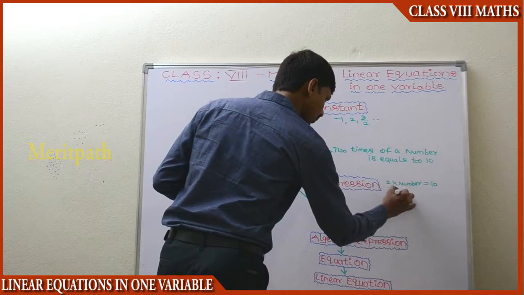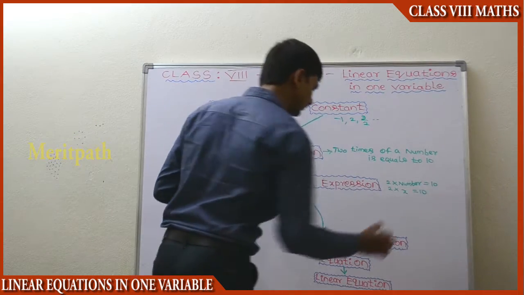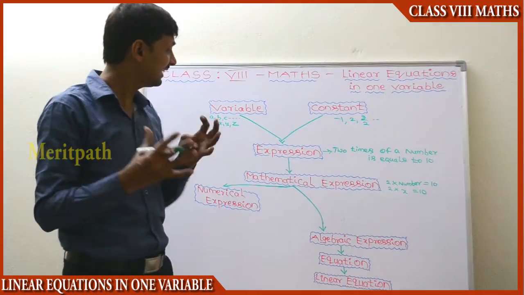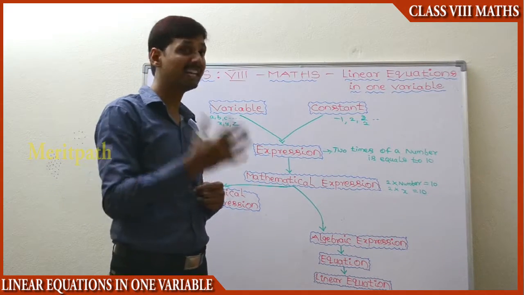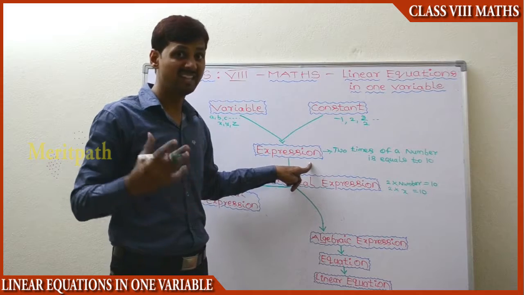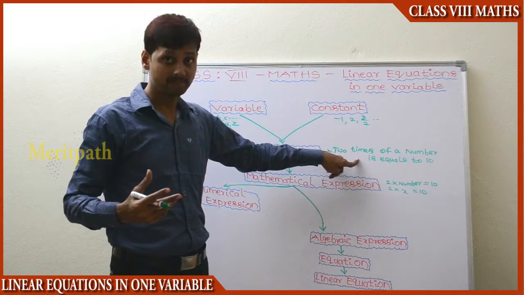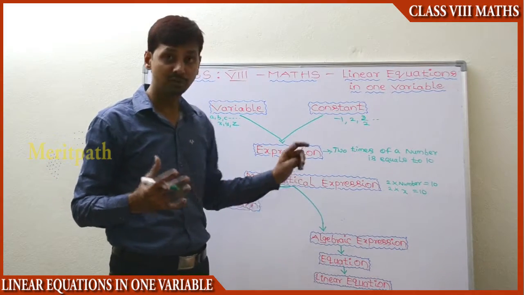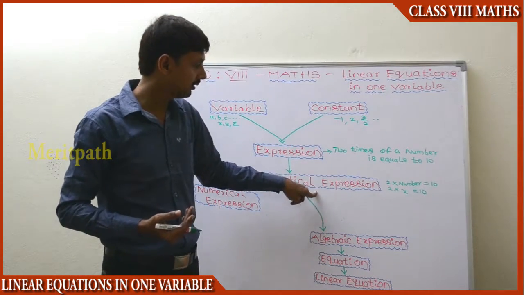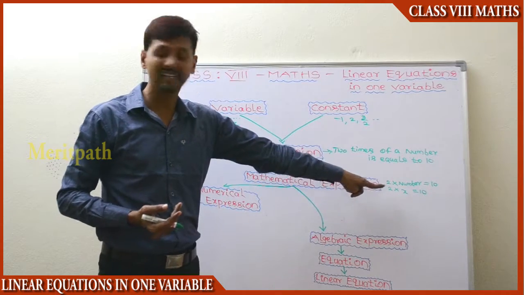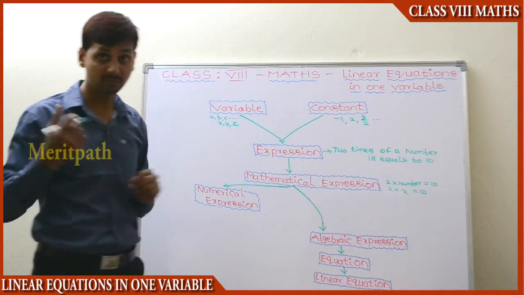So 2 times x is equal to 10. We have taken a sentence, that means an expression, and changed it into a mathematical way, and we call it a mathematical expression. So it's a mathematical expression.